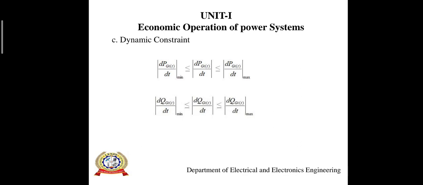That's why here we write dPGi/dt, that is the rate of change of generation with respect to time.